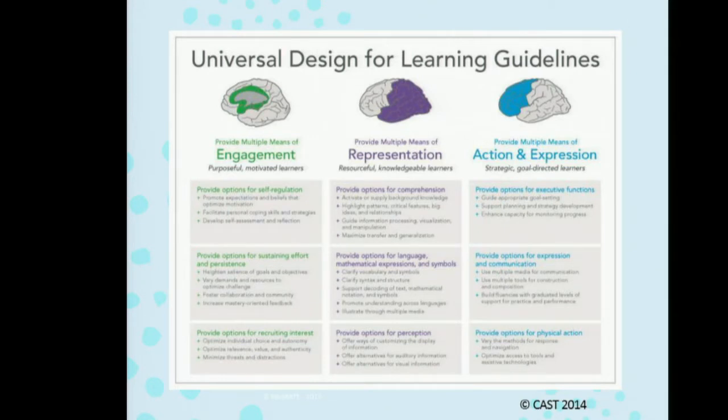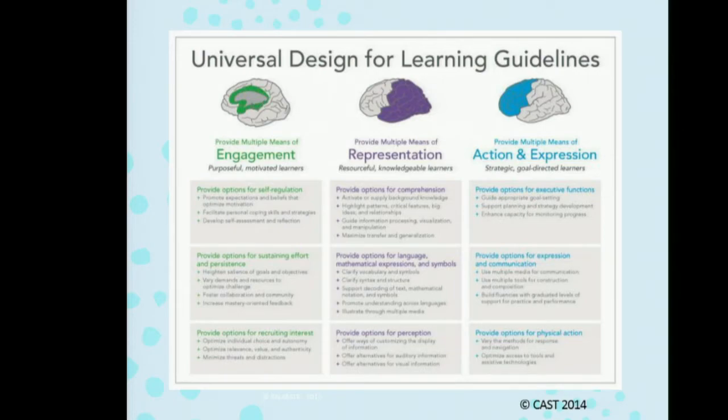Universal design for learning, as you probably know, is a conceptual framework built on neuroscience, and it really addresses how our brain works during instruction, during learning, in a learning environment.